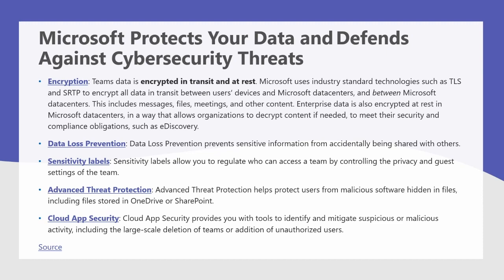And then cloud app security allows you to look for anything that's suspicious or malicious. So that's kind of the overview of the security features. Again, I just wanted to touch on them at a high level, just in case you're not aware of everything that exists. And now you know what to Google if you want to search for more information.